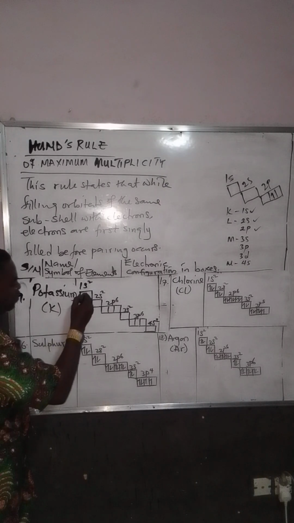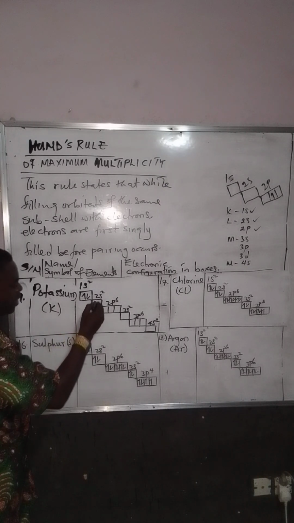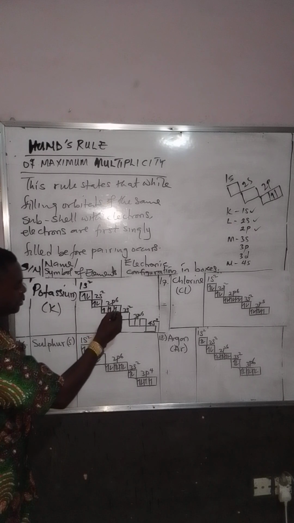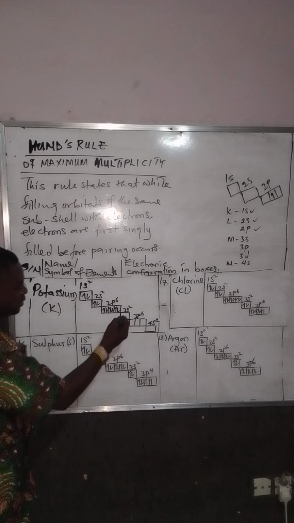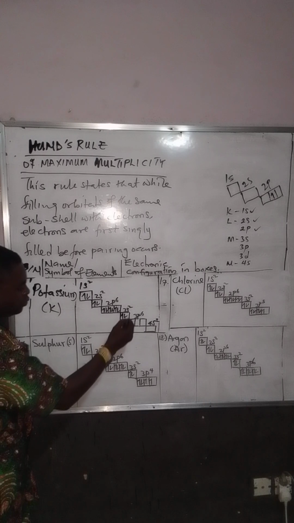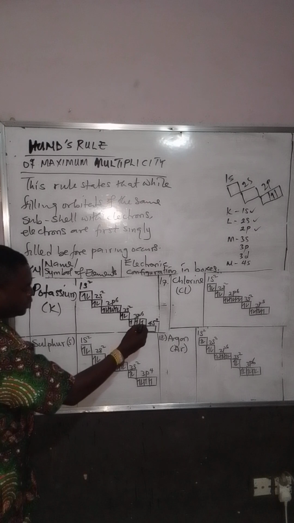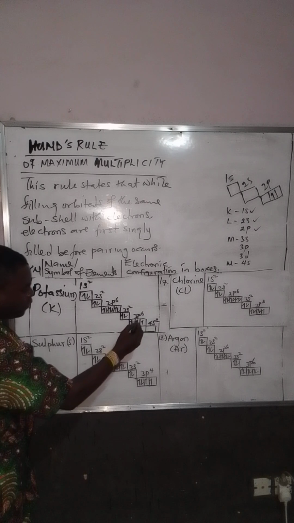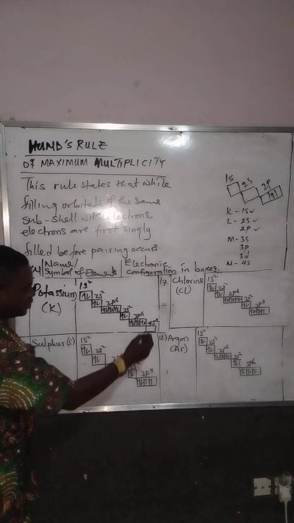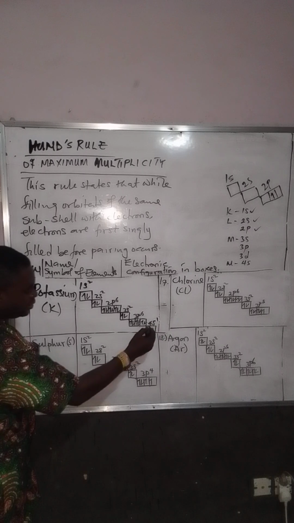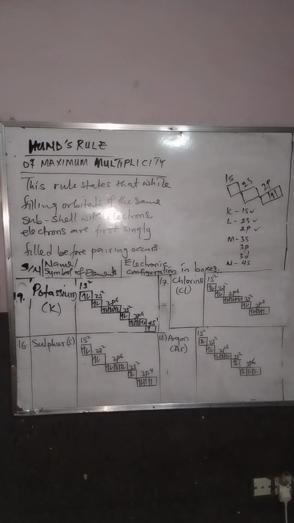So we have 1, 2, 1, 2, fill singly 1, 2, 3, pair 4, 5, 6, 1, 2, fill singly 1, 2, 3, and 4, 5, 6. Then only 1 electron is here. So number 20 is calcium.